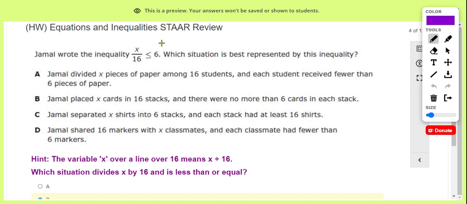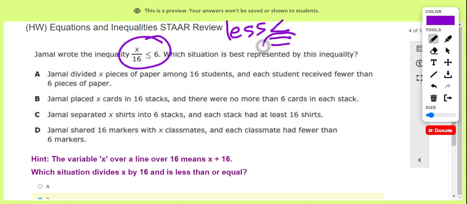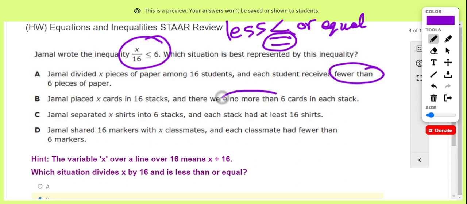So we have an inequality up above. First thing, when you see the inequality, we want to look at this symbol. This symbol means it's going to the less than side. It's going left. And then it is also equal to, less or equal. So Jamal divided, we look at fewer than, no more than, at least, or fewer than.